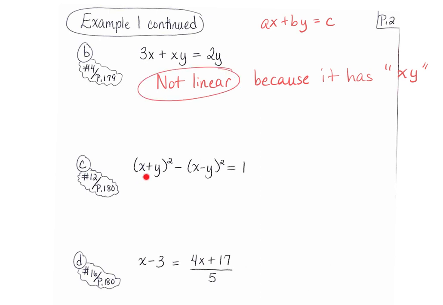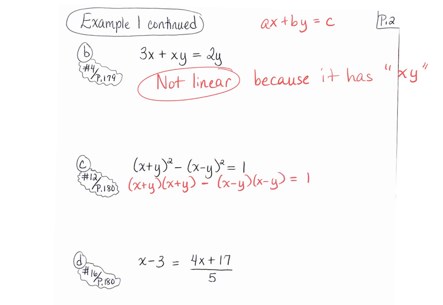Now in part C, we have the quantity x plus y squared minus the quantity x minus y squared equals 1. Initially, we see these squared terms and we're like, wait a minute, exponents will have degree 2, but maybe we can simplify. It doesn't look like it, but let's check to confirm. Once you use the FOIL method, you expand. Remember, x plus y, quantity squared, is x plus y times x plus y, minus the quantity x minus y times x minus y equals 1.